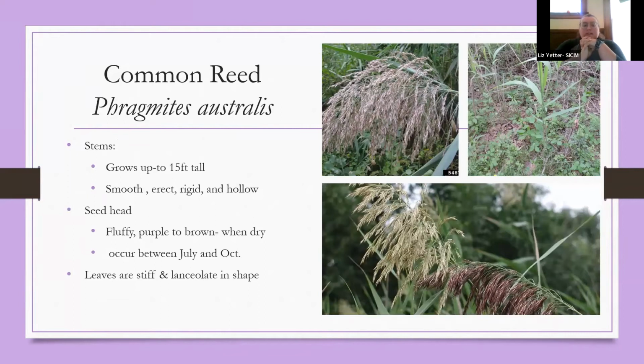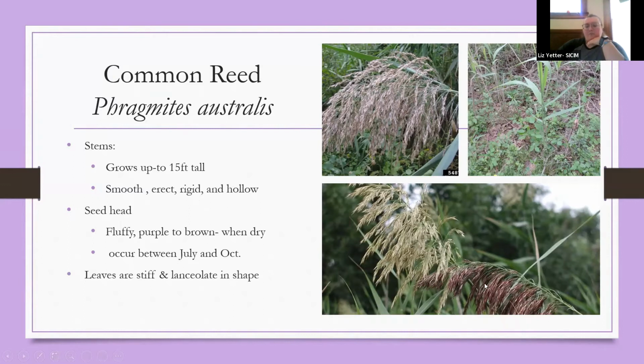So this one is a tall, erect grass, and it's got a hollow stem. It's going to be smooth and hard, and you're going to be able to break it off and have that tube. It creates these big, dense seed heads you can see here, and they have some different colorations depending on the time of year.